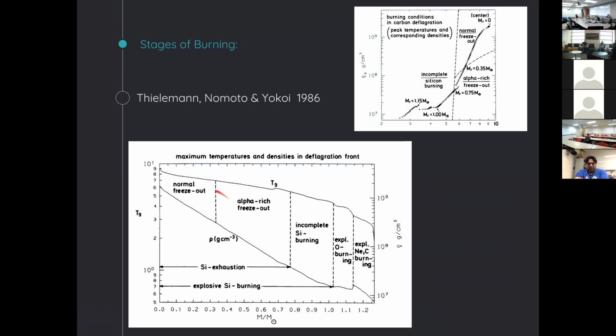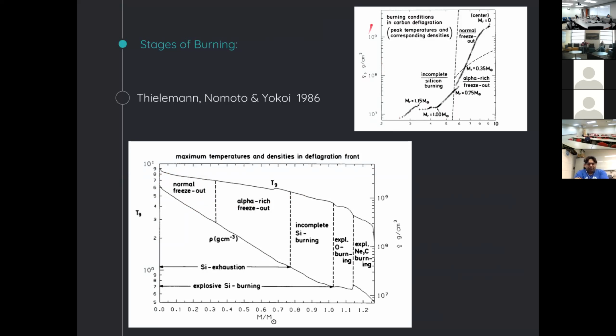Alpha-rich freeze-out occurs between around 7 and 5 gigakelvin, depending on the density, and normal freeze-out, not alpha-rich, which is required for producing the more neutron-rich species, occurs at much higher temperatures and much higher densities here. And that should become a little clearer in one of the plots that I'm about to show you.